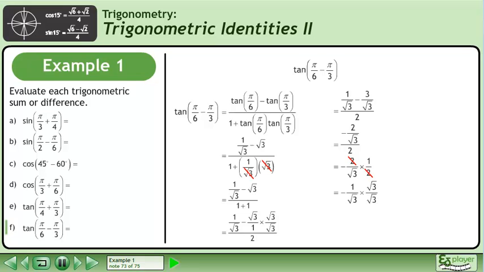Rationalize the denominator. Multiply the fractions to get negative root 3 over 3. We have now found the exact value of tan of negative pi over 3, or equivalently, tan of 5 pi over 3 if we use the principal angle.